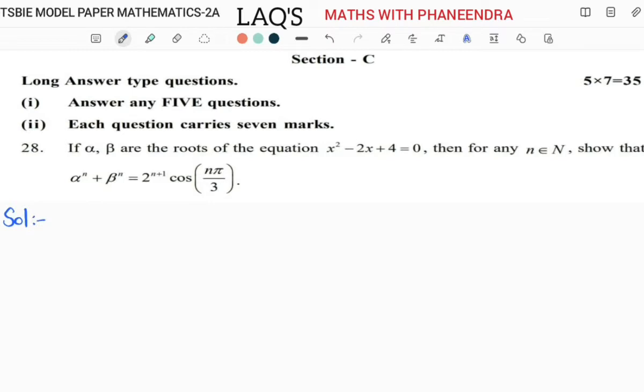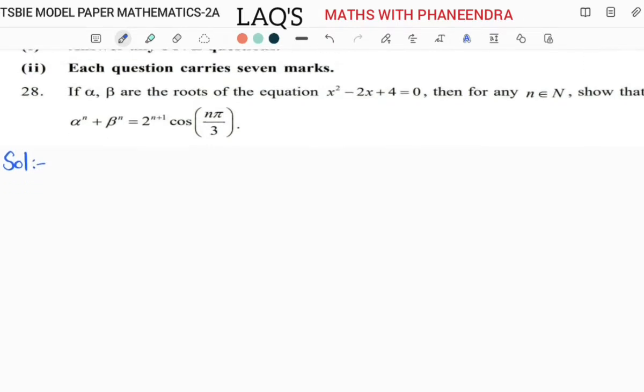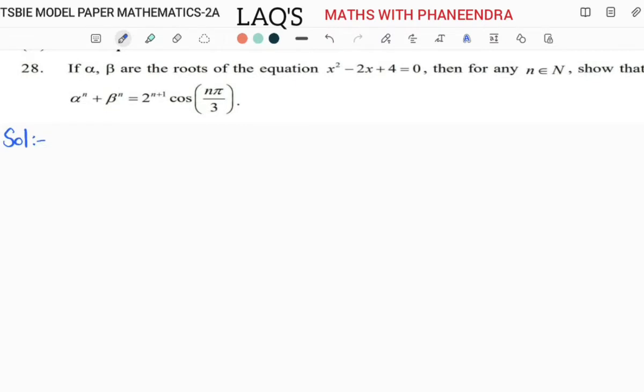So question number 28. If alpha, beta are the roots of the equation x square minus 2x plus 4 equal to 0, then for any n belongs to capital N, show that alpha power n plus beta power n equal to 2 power n plus 1 into cos of n pi by 3.